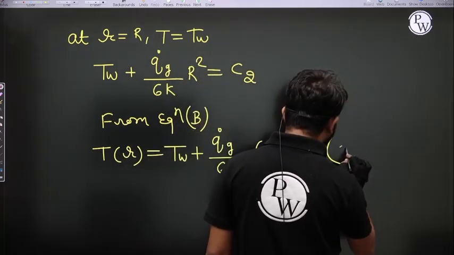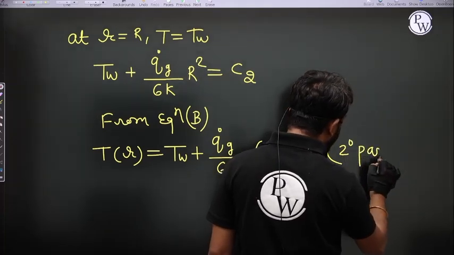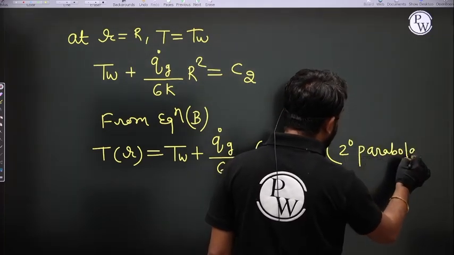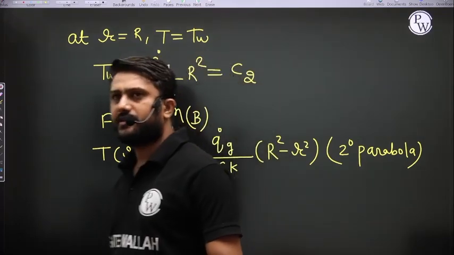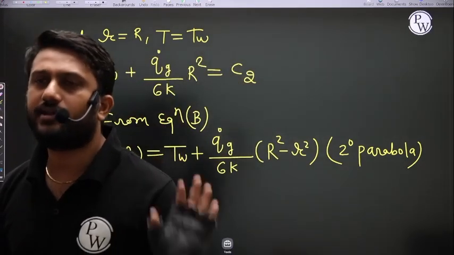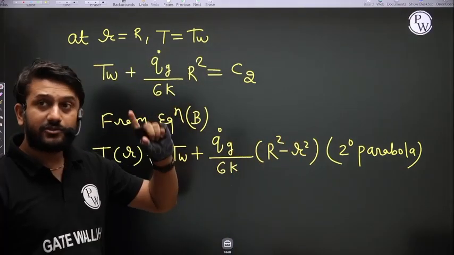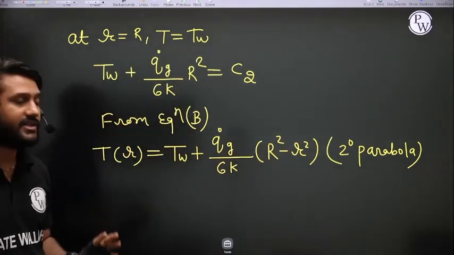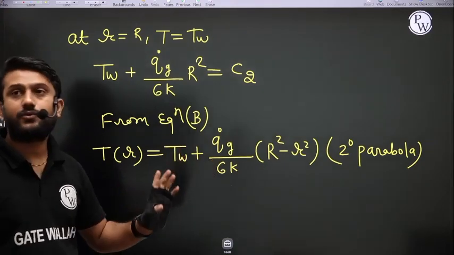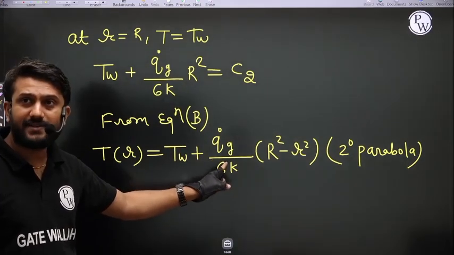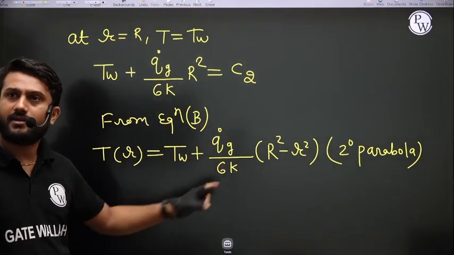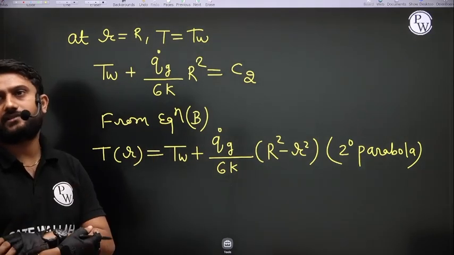And that variation is second degree parabola. The temperature variation is second degree parabola. So the mathematical expression is same as the solid cylinder with the internal heat generation. The only difference is, in case of the solid cylinder with internal heat generation, the factor is 4. Instead of the 6, there is 4. Here that is 6. That is the only difference.